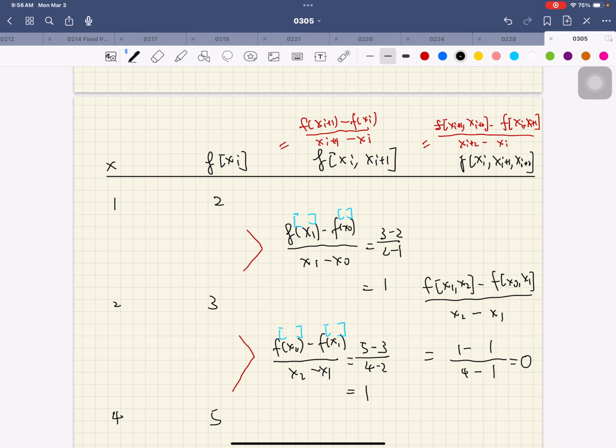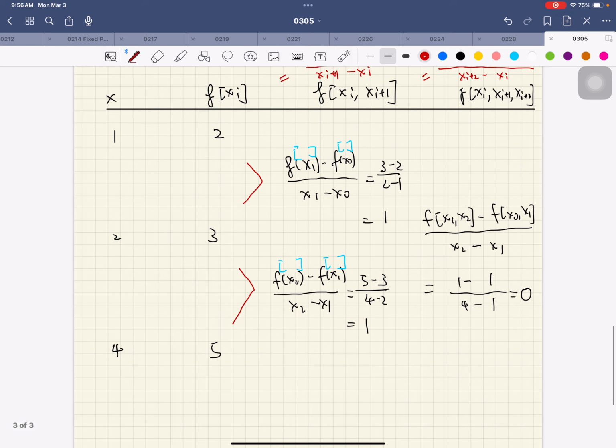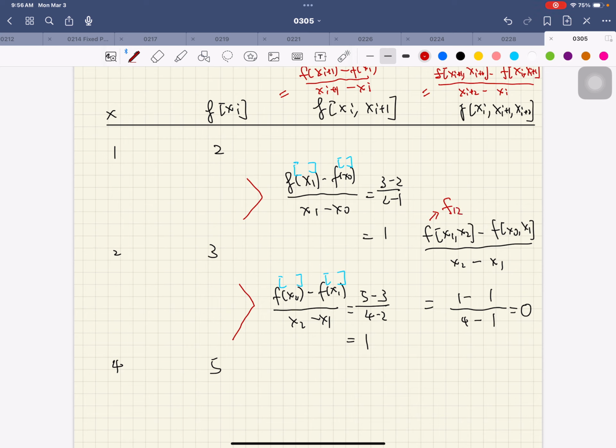So essentially it's equal to 0. Basically we need to rely on the first difference. Remember I said the subscript, so you can also write this as f12 and this as f01. This is much easier than rewriting it this way.